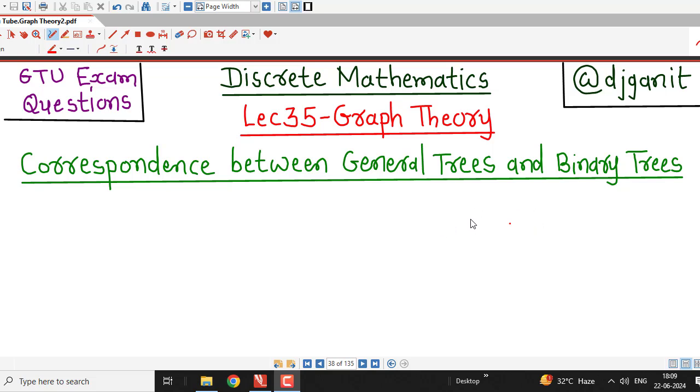A binary tree is a tree in which every internal vertex has no more than two children, and we will require the definition of sibling also. In a rooted tree, siblings are those vertices which have the same parent.